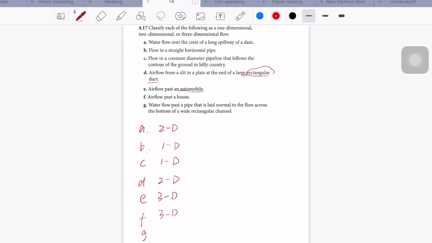For G, the water flow past a pipe that is normal to the flow across the bottom of a wide rectangular channel, the velocity depends on two spatial parameters in the wide rectangular channel. So it is a two-dimensional flow. So we have done this problem.